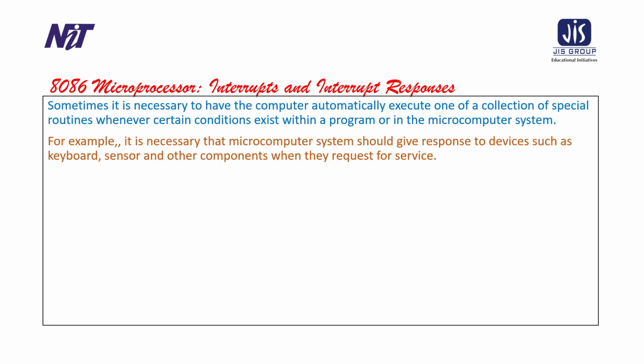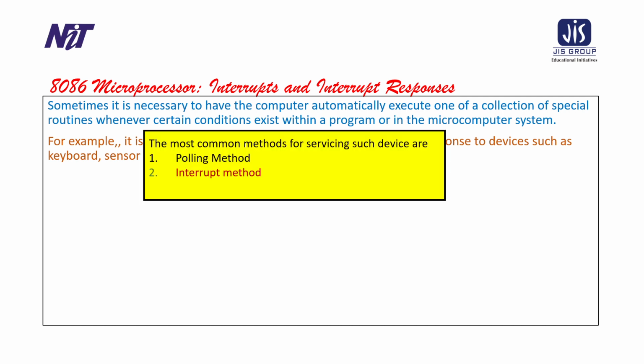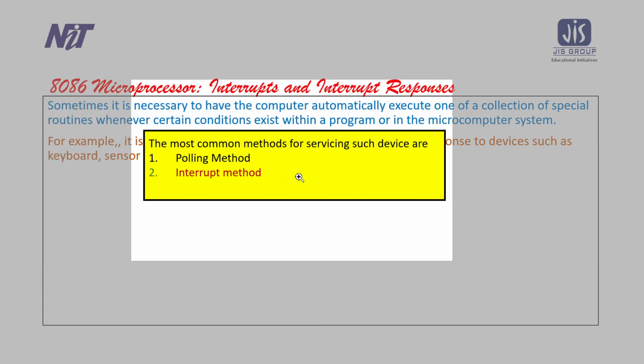For example, microcomputer systems should respond to devices such as keyboards, sensors, and other components when they request service. The common methods for servicing such devices are: number one, the polling method, and number two, the interrupt method. I will explain the two methods one by one.